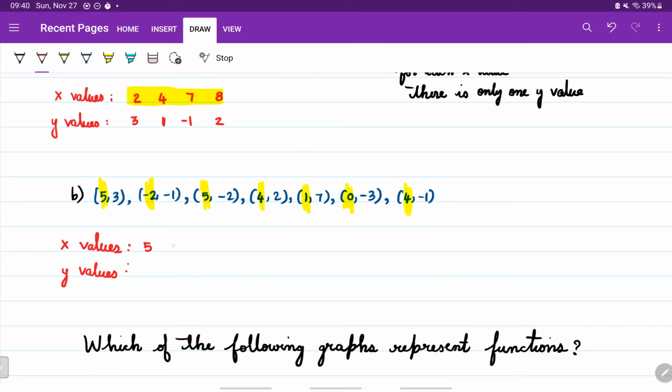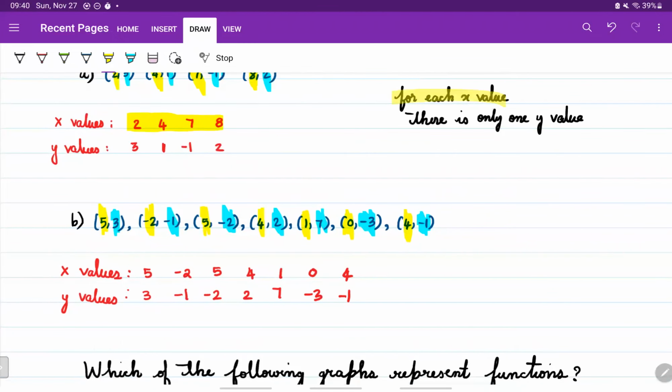So we have 5, -2, 5, 4, 1, 0, 4. The corresponding y values are 3, -1, -2, 2, 7, -3, and -1. So we have 3, -1, -2, 2, 7, -3, -1.